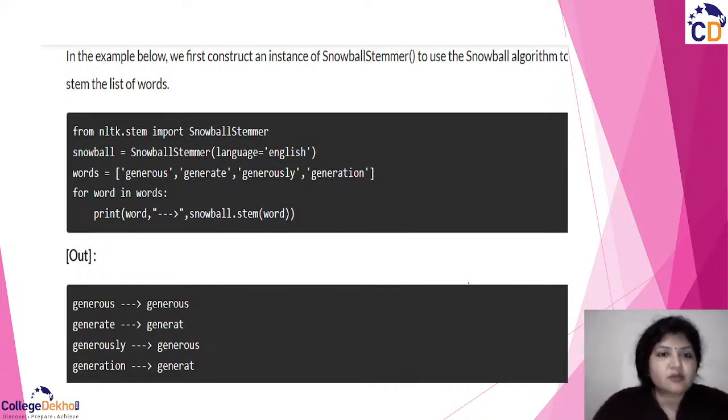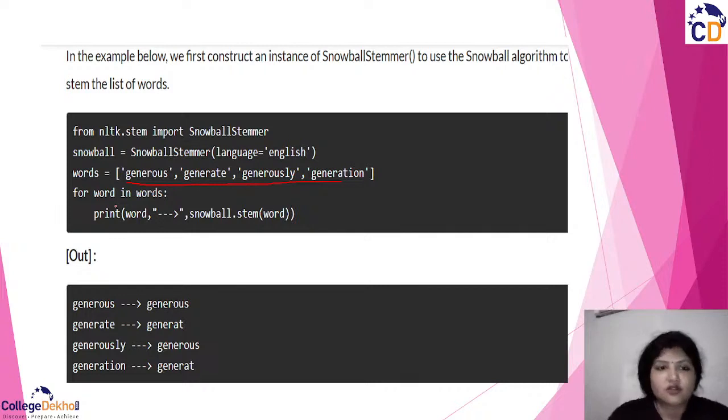In that case, we import this module, the Snowball stemmer, and then I put a list of items in words, and we use a for loop and call the function one by one. It is going to check each and every item. Why are we using this for loop? Because we have taken a list of items, we need to check each and every item in the list. So that's why we loop over each word in words. Okay, here we have the first word, generous, and that is converted into generous itself.